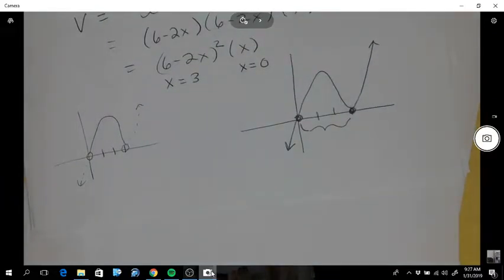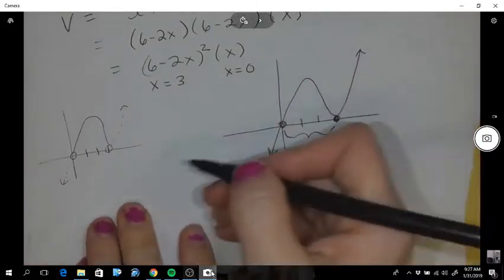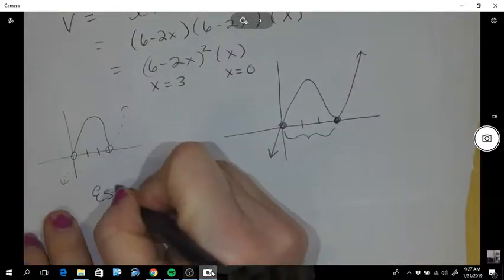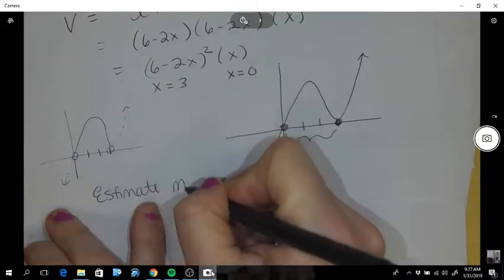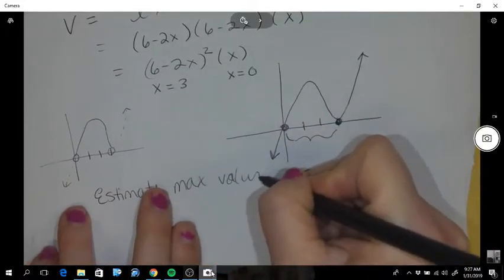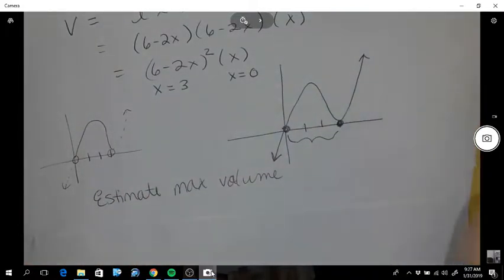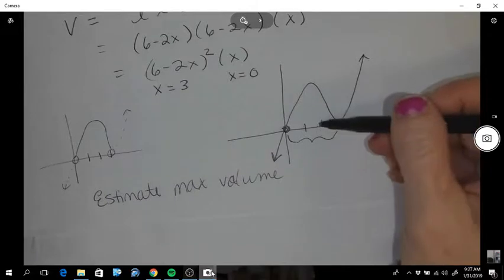Okay, so if we're estimating what the max volume is, you could make a prediction at approximately 1.5 centimeters.